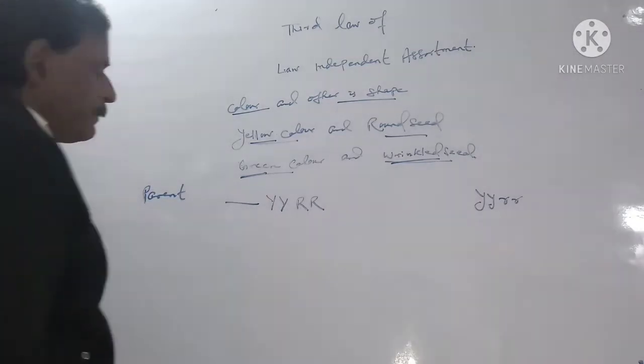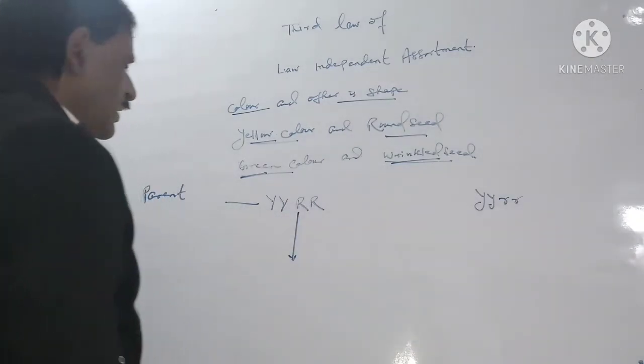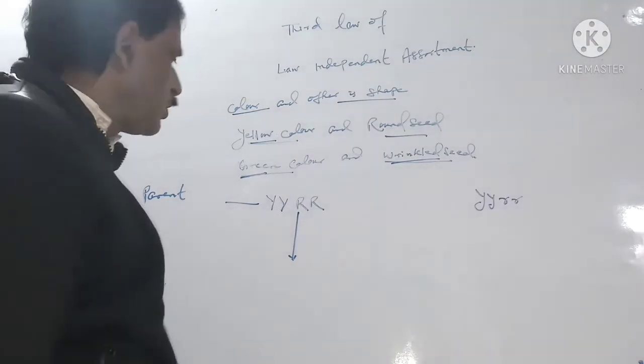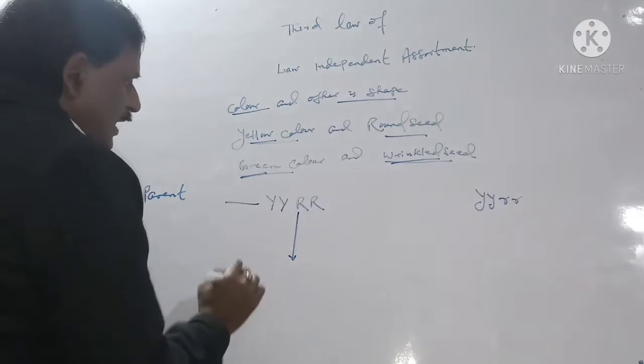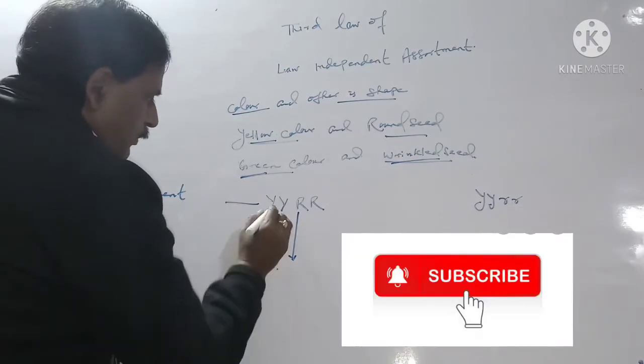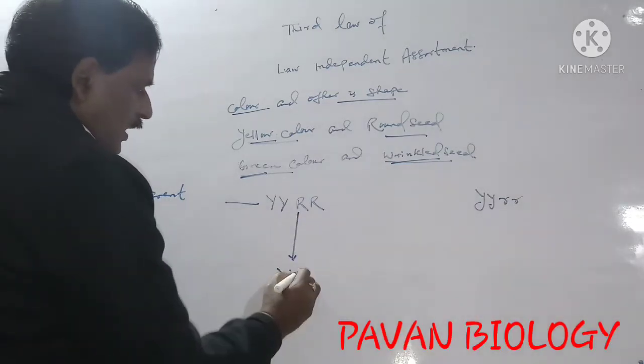We have to take gamete formation by the process of meiosis. During meiosis, the number of chromosomes becomes half. So from capital Y, capital Y, one capital Y and one capital R come here.